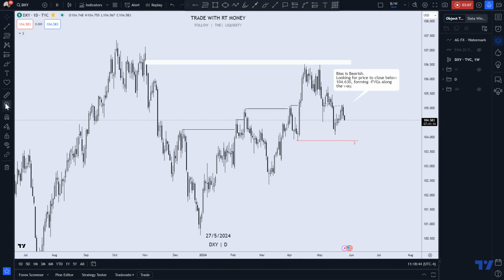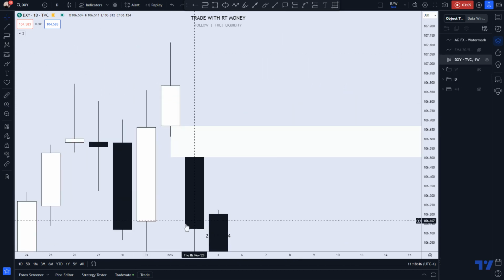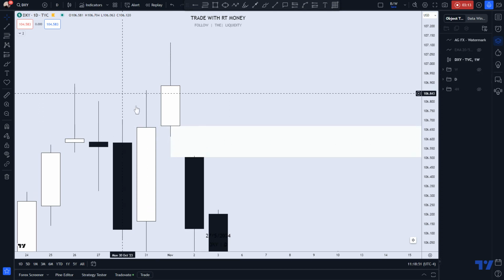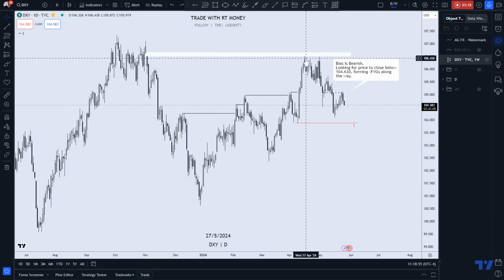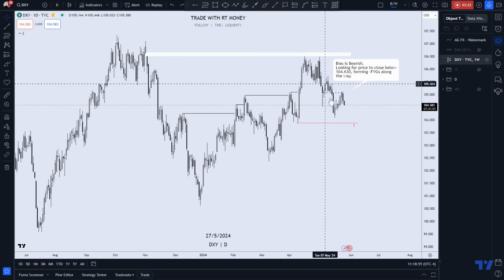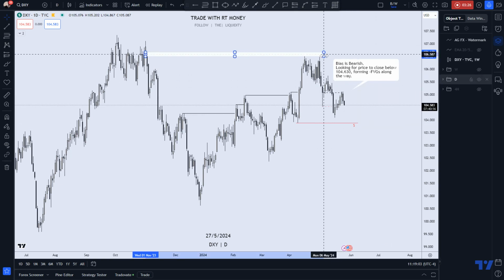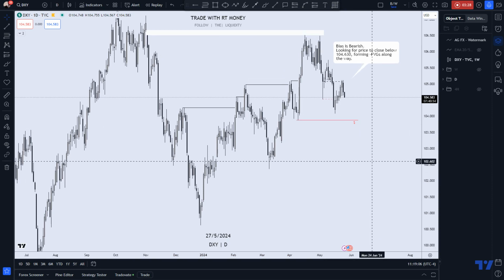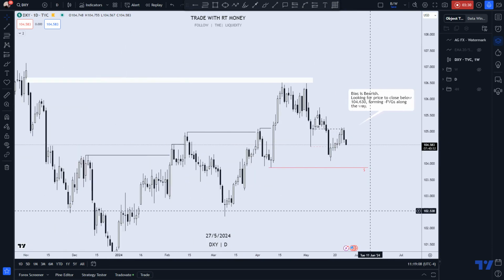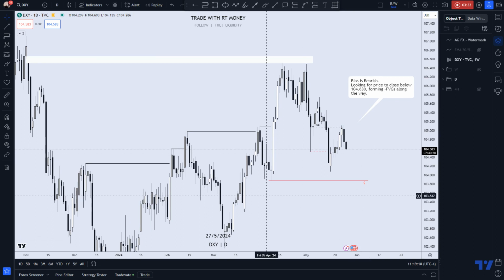You can see here, quite obviously, this is a volume imbalance. And you can see clearly that it mattered as soon as it touched, came back, touched it again, and then moved down. That's just an aside from me. Let me hear your comments about volume imbalances in the comment section.